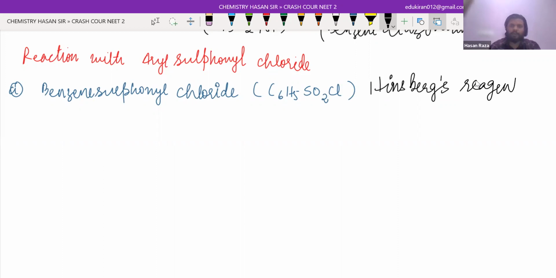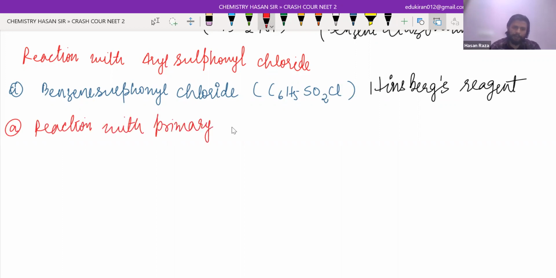First of all, we are going to react this with primary amine. Reaction with primary amine. So first of all, I'm going to react this in this way. You can see this is your benzene sulfonyl chloride. I'm going to write the structure.